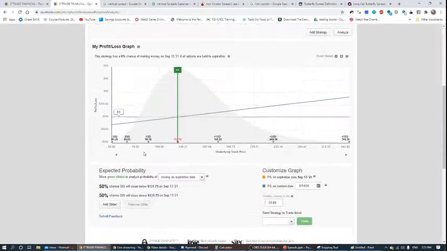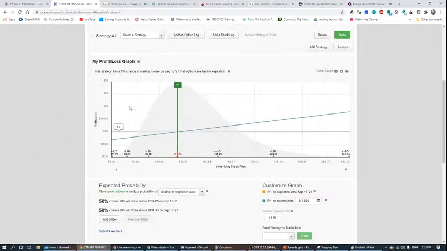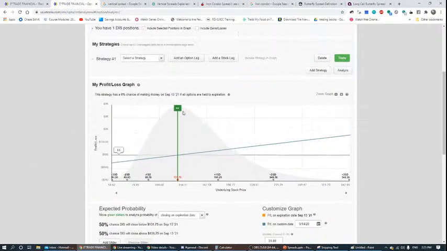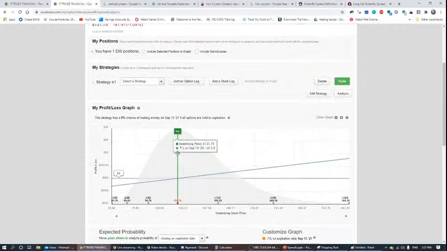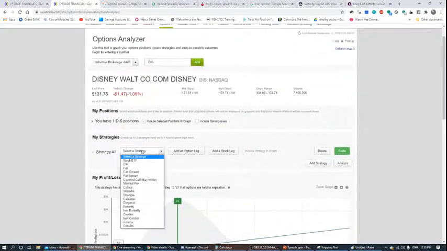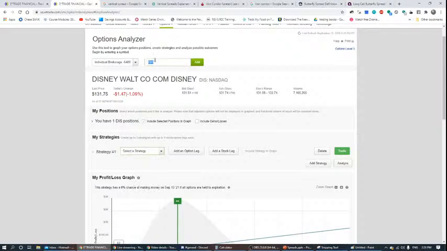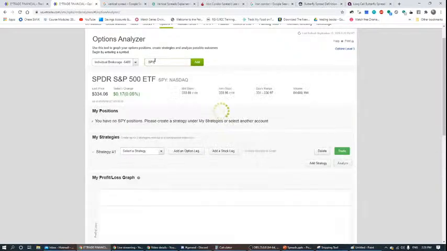So this is the risk graph that I talk about sometimes. I've been trying to talk about the risk graph all the time for the Robinhood people, because they don't really understand what the risk graph is, or when they break even. I do have a position in Disney, but it's mostly stock, so that doesn't really apply, but let's do SPY.